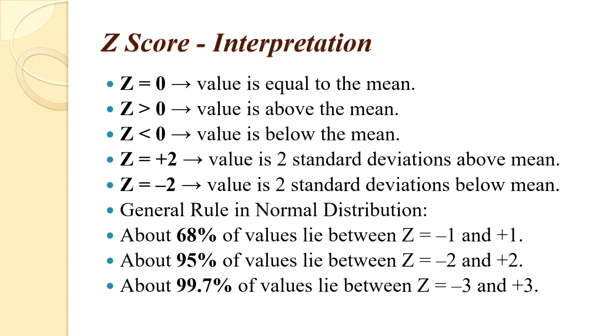These three, -1 to +1, -2 to +2, -3 to +3, are the general rule in normal distribution of the Z-score, and the above five are the interpretation. This is the Z-score interpretation.